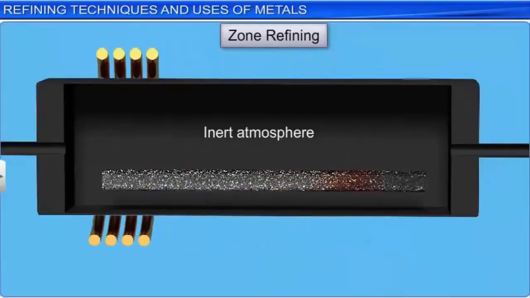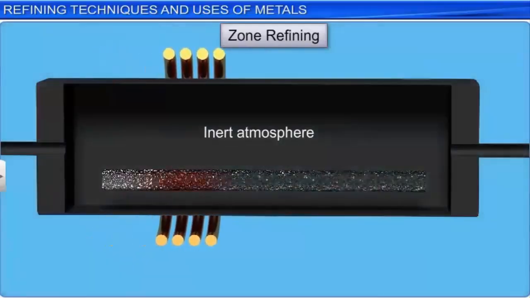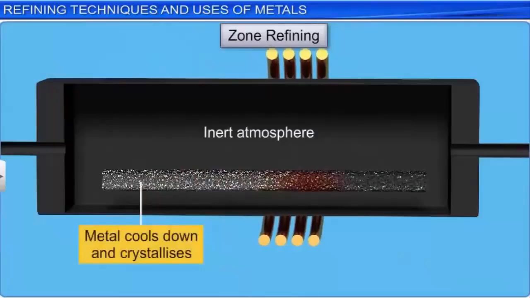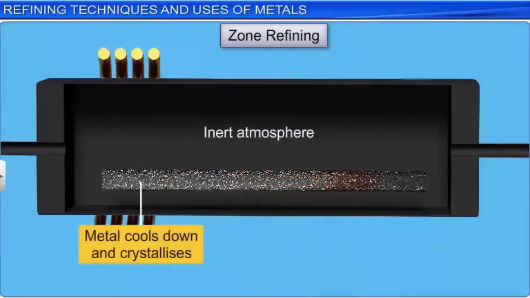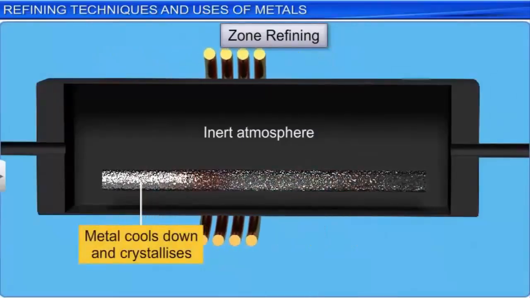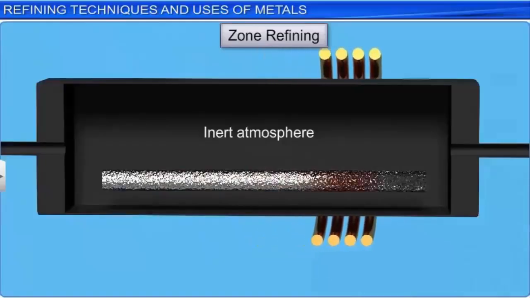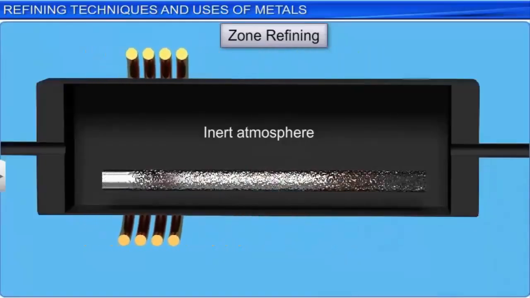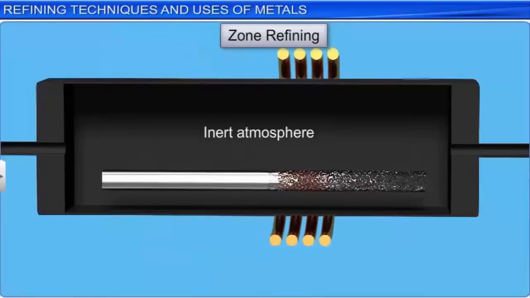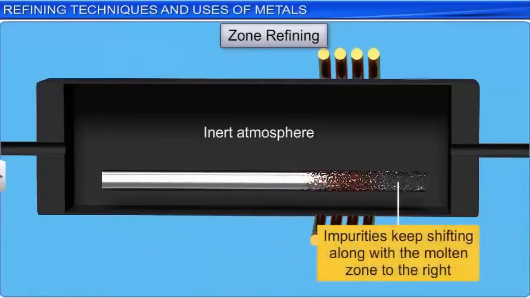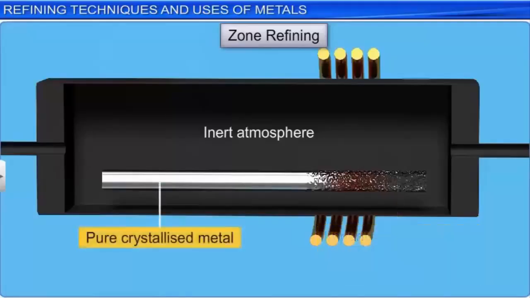When the heating roller shifts forward, the metal to the left cools down and crystallizes, while the impurities dissolve in the molten zone. In this way, the impurities keep shifting along with the molten zone to the right, and pure crystallized metal is obtained on the left. The process is repeated several times till the impurities are completely removed.